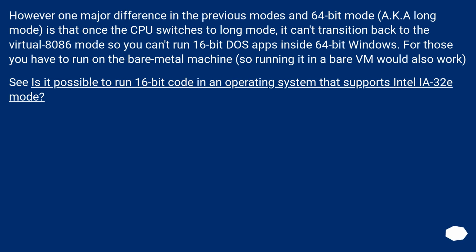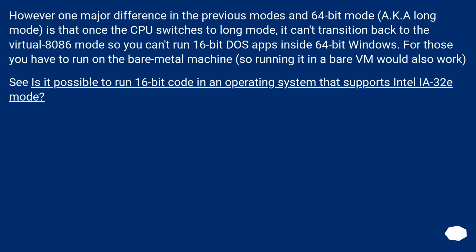However, one major difference in 64-bit mode, aka long mode, is that once the CPU switches to long mode, it can't transition back to virtual 8086 mode, so you can't run 16-bit DOS apps inside 64-bit Windows. For those you have to run on the bare metal machine, so running it in a bare VM would also work.